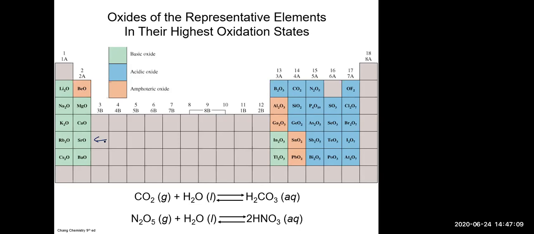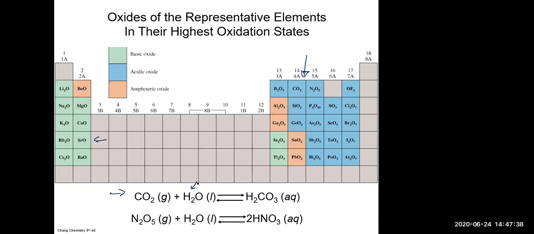Those are referred to as basic oxides, as opposed to the other side of the periodic table where we've got nonmetals involved, nonmetals with oxygen. When they react with water, they will typically produce acids. Like we see on the bottom here, CO2 plus some water will make carbonic acid. N2O5 plus some water will make some nitric acid.